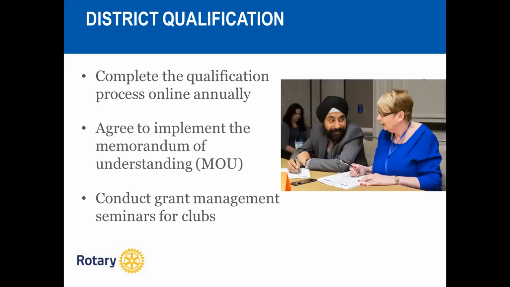The first qualification is for the district. The district must qualify to receive grant funding from the Rotary Foundation. Online qualification helps ensure that the leaders in the district, the district governor, the district governor-elect, and the district Rotary Foundation Committee chair, understand the financial responsibilities, including stewardship, and are prepared to handle them.